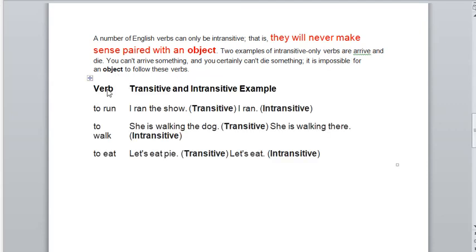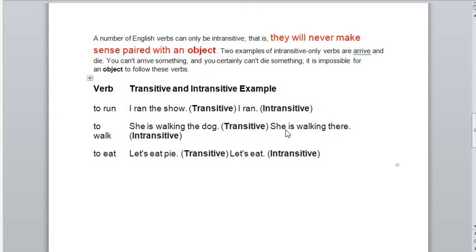Let's understand this better. Transitive and intransitive. See here, the verb is, let's say, to run. So transitive is I ran the show, means something is transferred from me to the show. Transitive. And I ran, that's it. Intransitive means nothing is transferred. To walk. She was walking the dog, means walking means transferring from she to the dog, right?